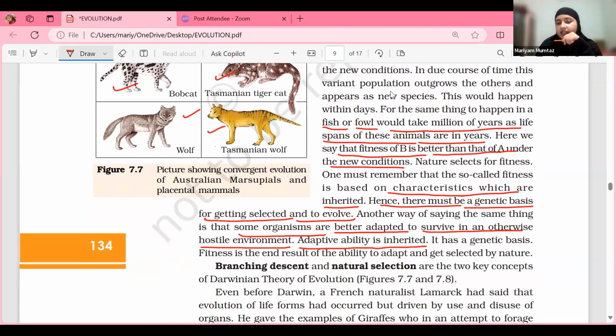Adaptive ability is inherited. It has a genetic basis. Meaning whatever ability there is to adapt to any harsh condition or any environment that is not the normal or the usual environment, those are actually the inherited qualities. They are passed on from one generation to another.